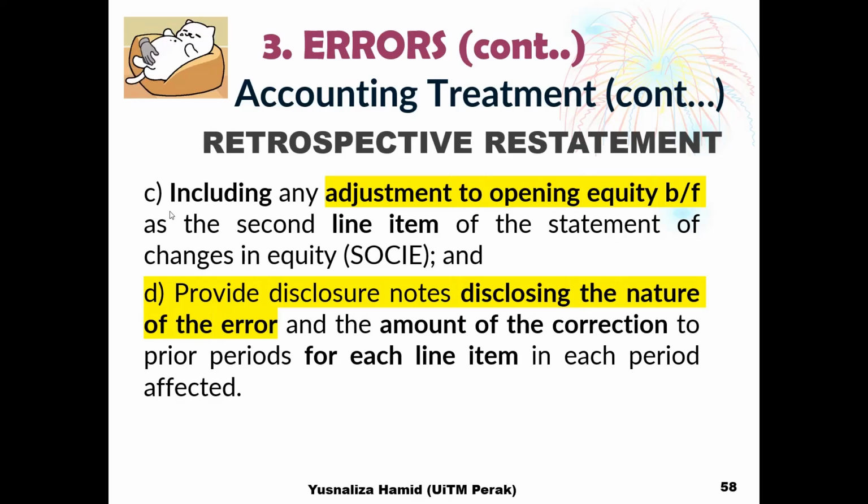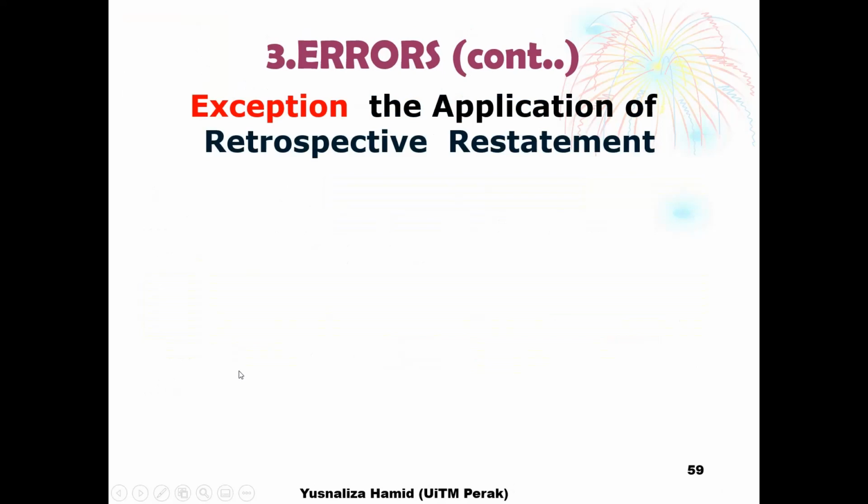And at the same time, after the discovery of the error, disclosure notes must be provided to disclose the nature of the error and also the amount of the correction to the prior period error for each line item that is being affected in the financial statements.